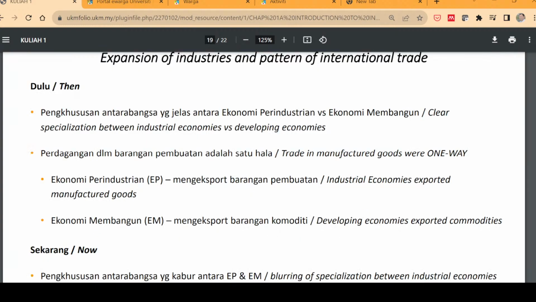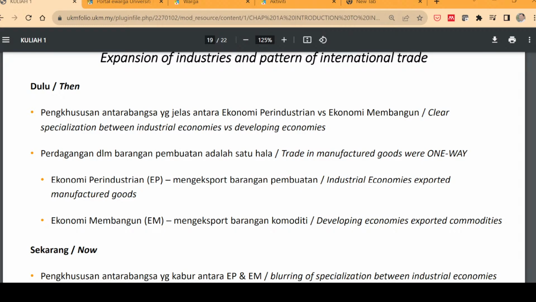So this slide explains to you the pattern of trade, international trade, long time ago and now. We're concerned here about the manufactured goods, goods that come from the manufacturing sector. Long time ago, before the 1980s, before mid-80s, manufactured goods were mainly one way.